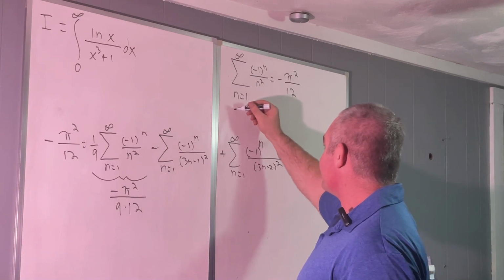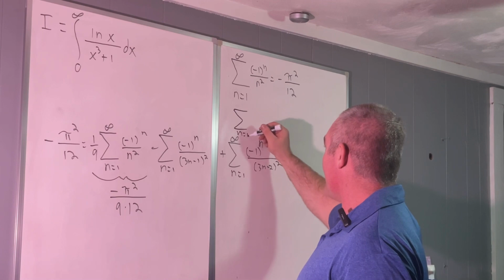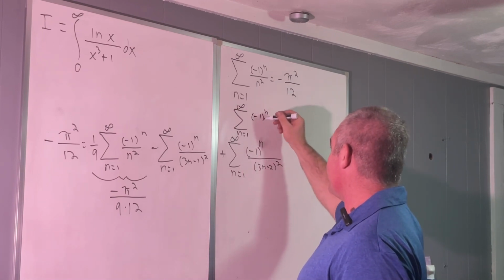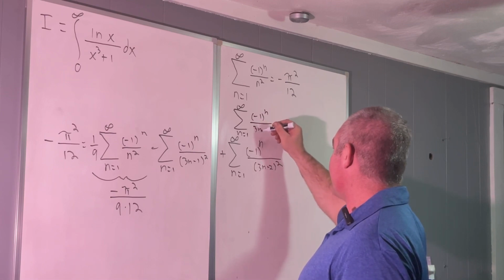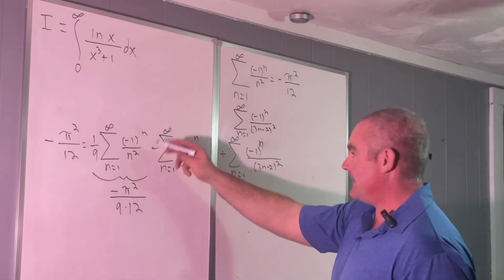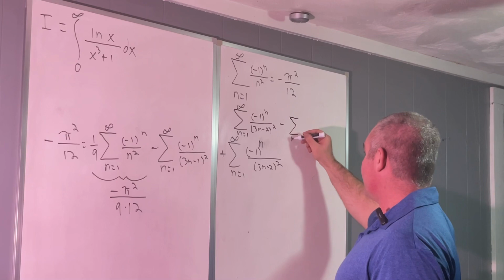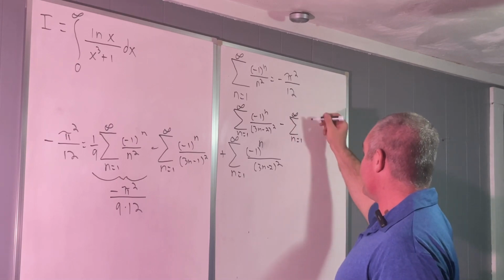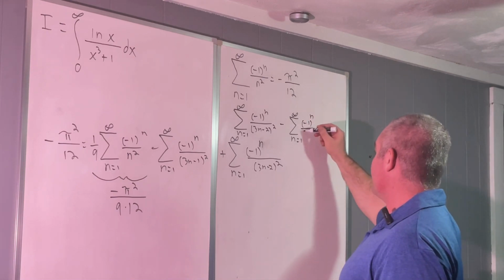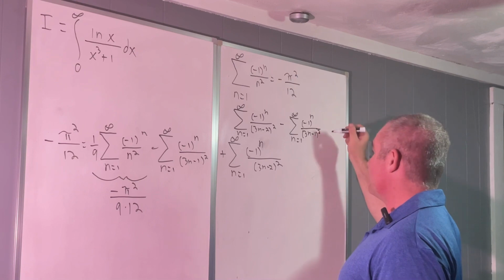That would be the sum as n goes from 1 to infinity of negative 1 to the n over 3n minus 2 all squared, minus the sum as n equals 1 to infinity of negative 1 to the n over 3n minus 1 squared.